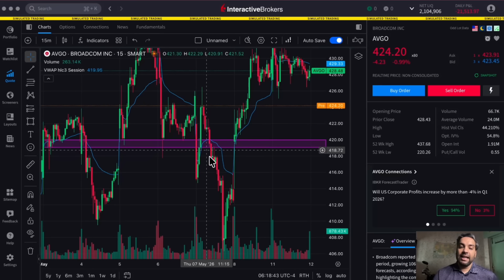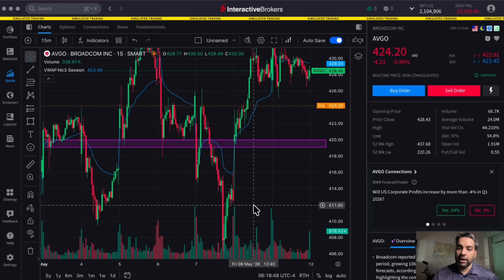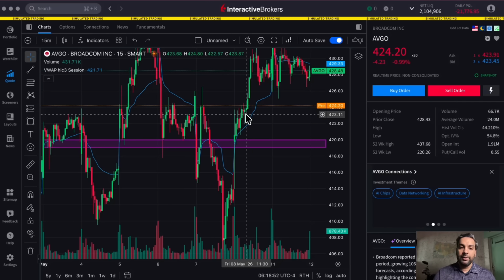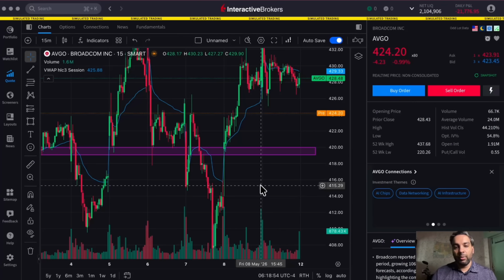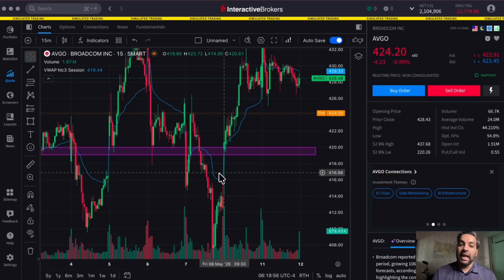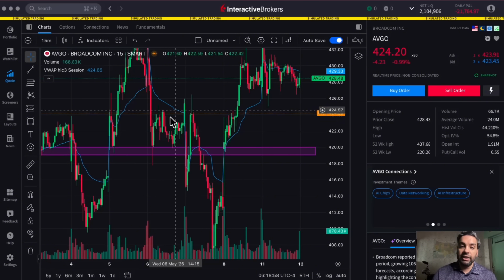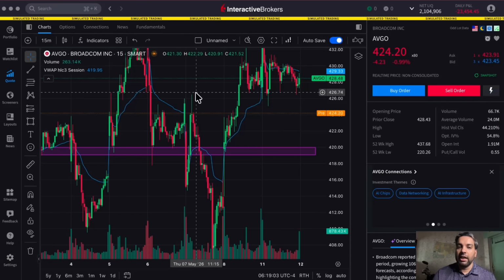But if price action is below this, I'm trying to see if it rejects and continues down. This week definitely is a little bit different. And that wouldn't really be a week that I would take into consideration, even this high volume week, because you see it went down and came right back up. So if you're trying to take a trade on this, it would be very difficult for you to know where your stop loss would come.